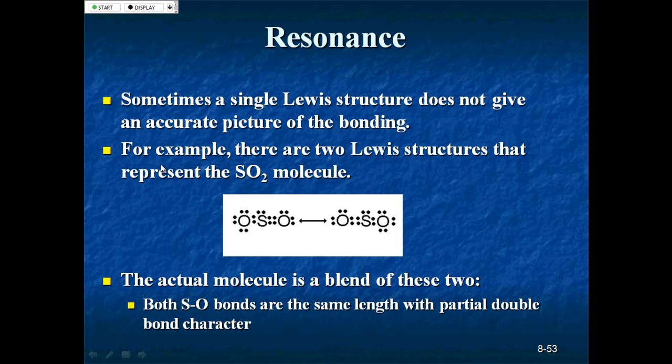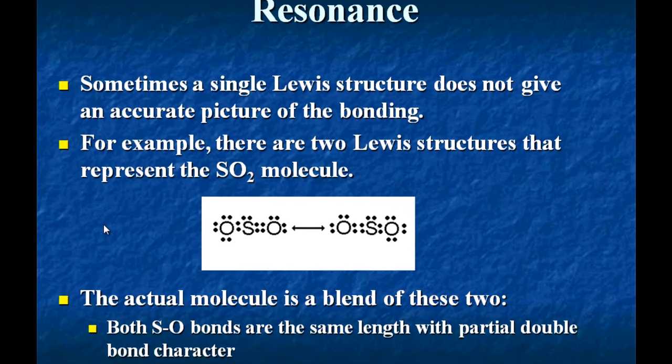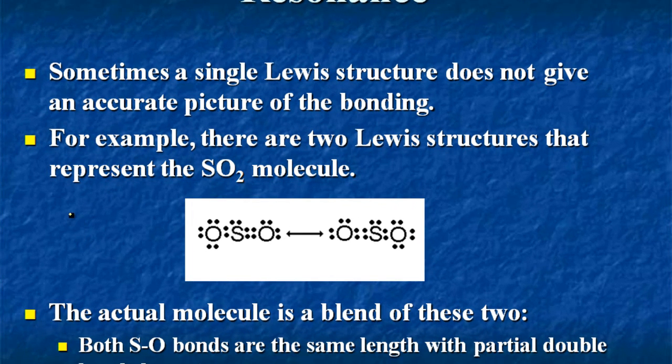Let's look at this example, the SO2 molecule. Of course, this Lewis structure, since they do everything with the dots, may not be clear, so I'm just going to draw the structures on the side. O-S-O, and in the left side, this sulfur is double bonded.